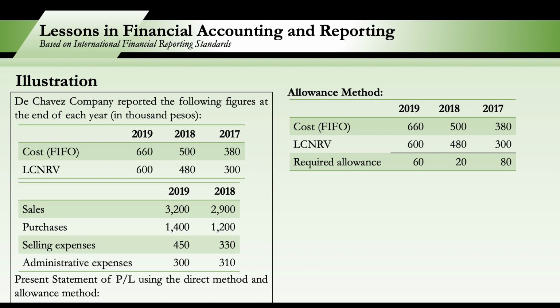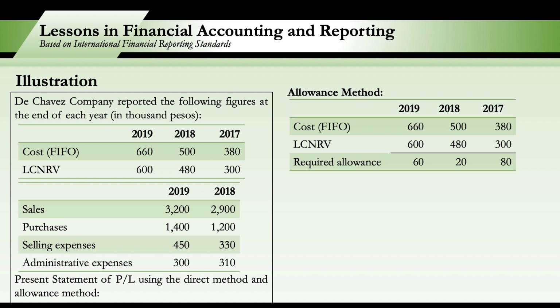So we have the required allowance for, say, in 2017, our required allowance is 80,000. So the cost of 380 and LCNRV of 300,000. In 2018, our required allowance is 20,000. So from 80,000 to 20,000, therefore in 2018, we have a recovery of 60,000.